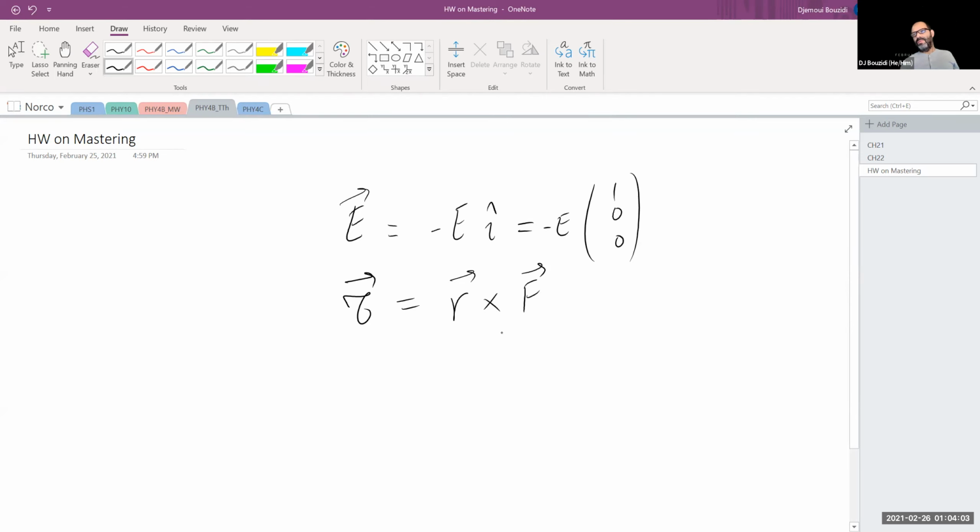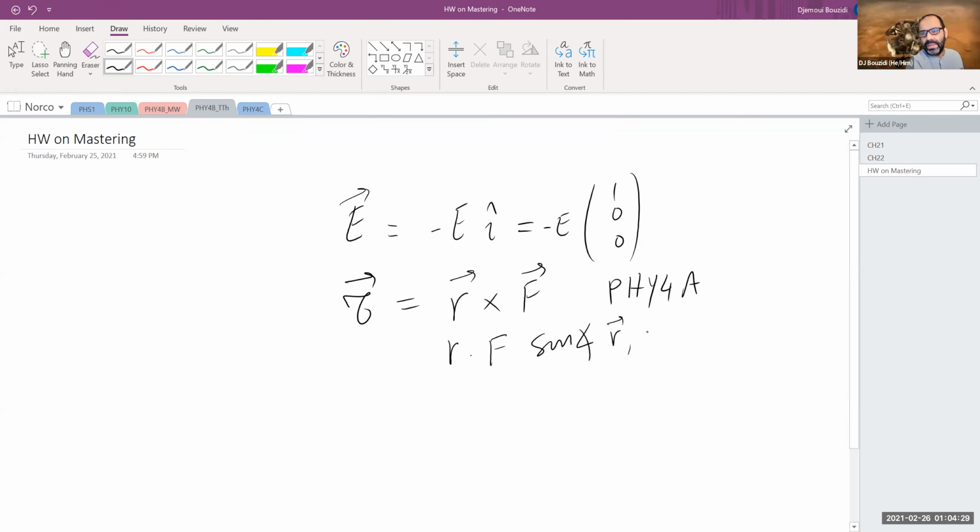Do you guys remember this expression from physics 4A? A little. Yeah, when I was going into this problem, I initially didn't recognize torque, so I had to look back on it. From physics 4A, the torque in magnitude is equal to R times the force times the sine of the angle between the force and the vector R, the point of application of the force.